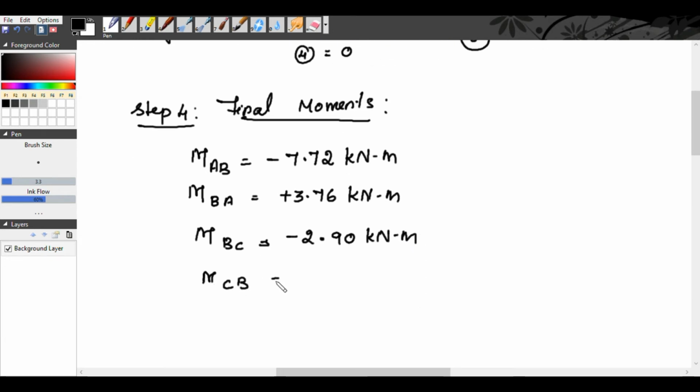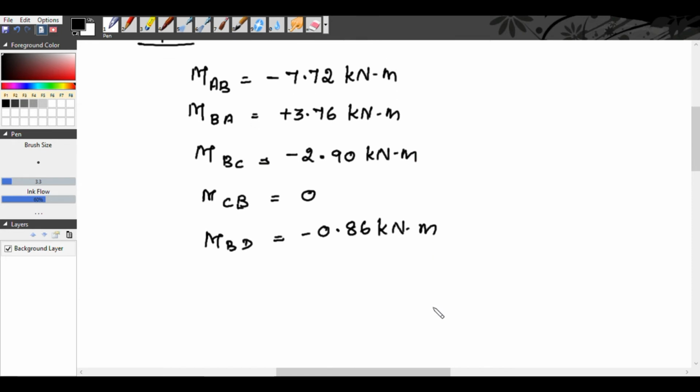MCB is equal to 0. And MBD is equal to minus 0.86 kilonewton meter. MDB is equal to minus 0.43 kilonewton meter.